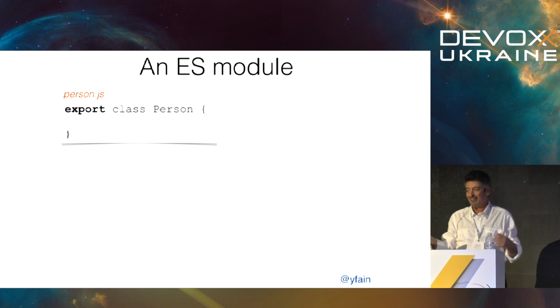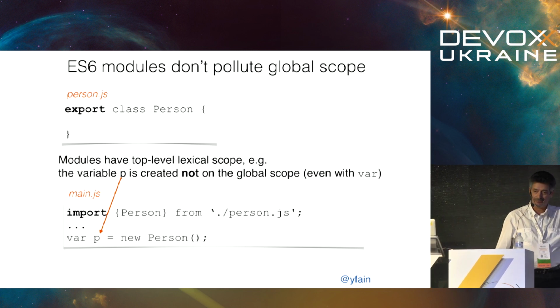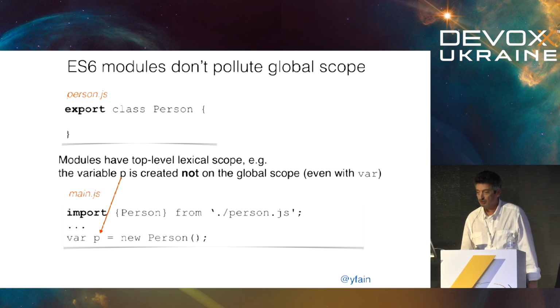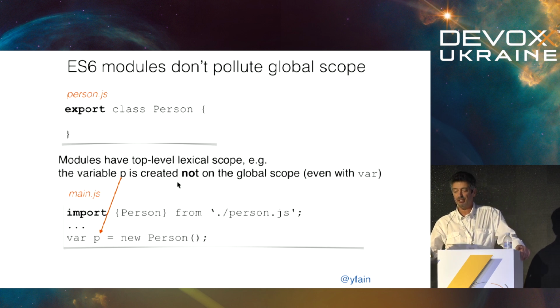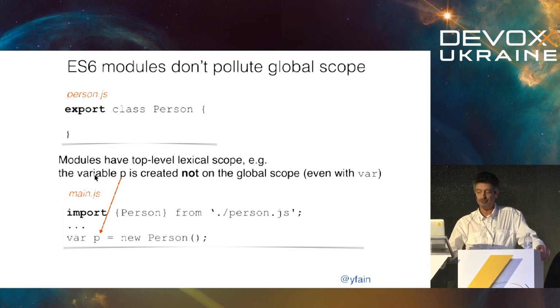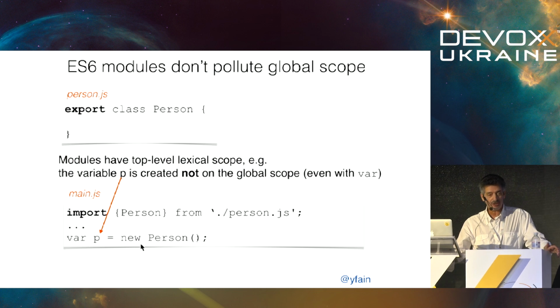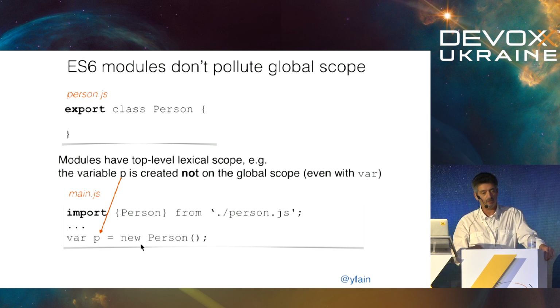And if I try to instantiate new Person, it will not pollute the global scope. Let's say I have main.js, and inside main.js, I want to use code from person.js, right? I also instantiate new Person, but that is sitting inside the module now, so it will not pollute the global scope. The variable p will not be created on the global scope.